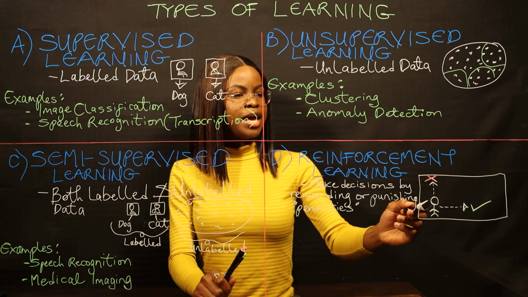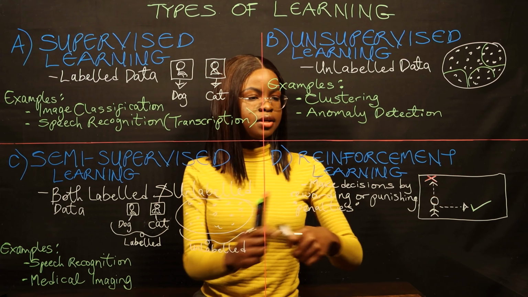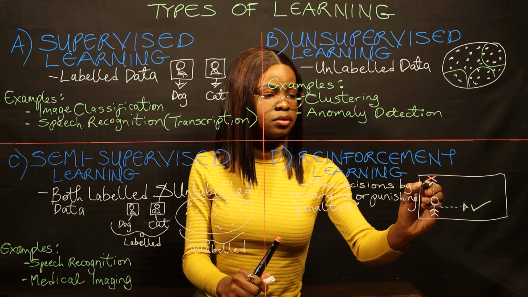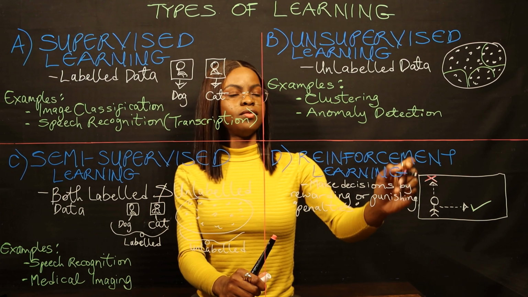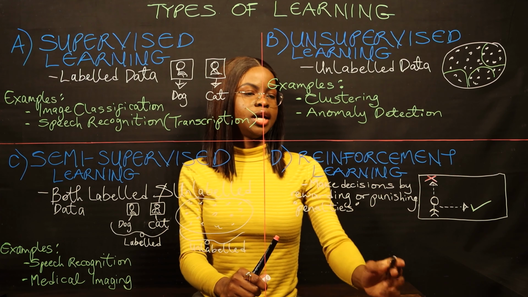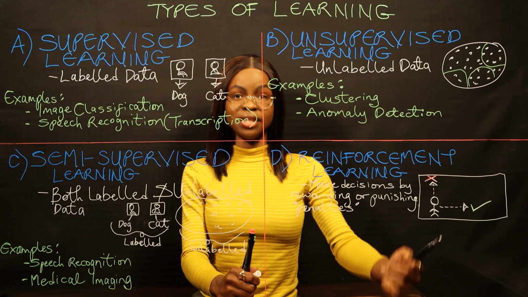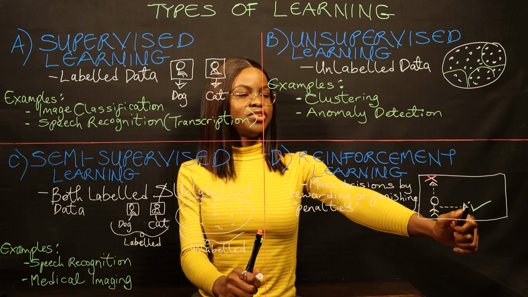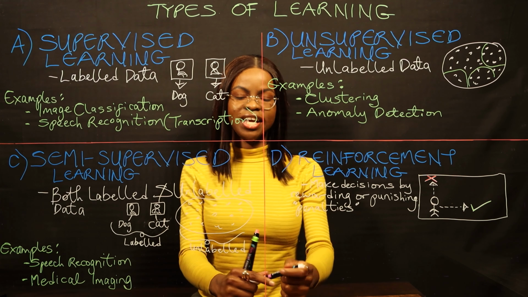So if our AI agent goes this way, and it's not meant to go that way, we what? We punish it by giving it a penalty. And if it goes this way and it's meant to go that way, we reward it. So that's how it is.